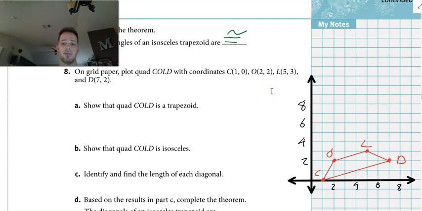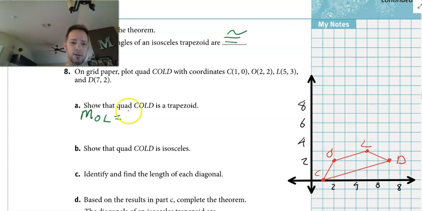So definition of trapezoid has 4 sides. Count, it's got 4 sides. And it has one pair of sides that's parallel. Looks like OL and CD are parallel, so we should be able to do that by finding the slope. So the slope of OL equals rise of 1, run of 3.